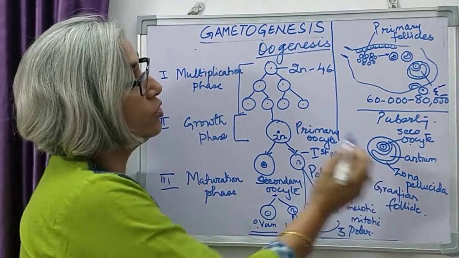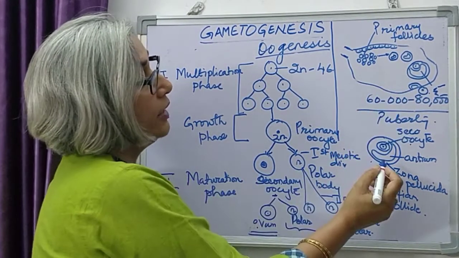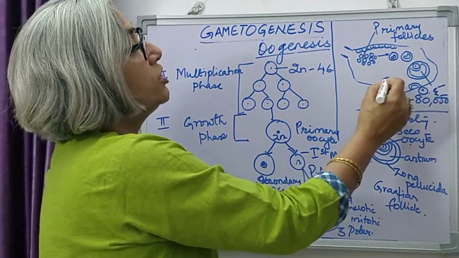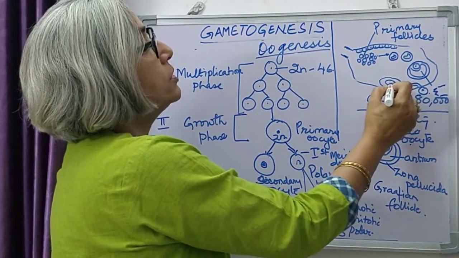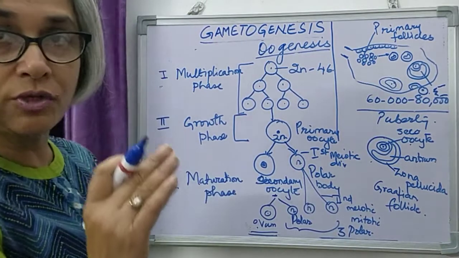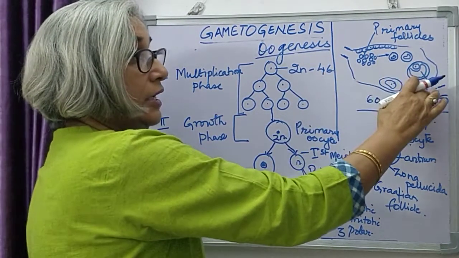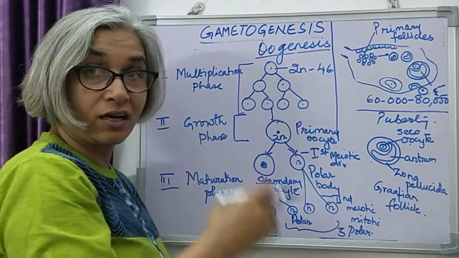So this is a mature Graafian follicle. And now after it has released the secondary oocyte, it changes into the corpus luteum. And corpus luteum will exist in the ovary till fertilization occurs.